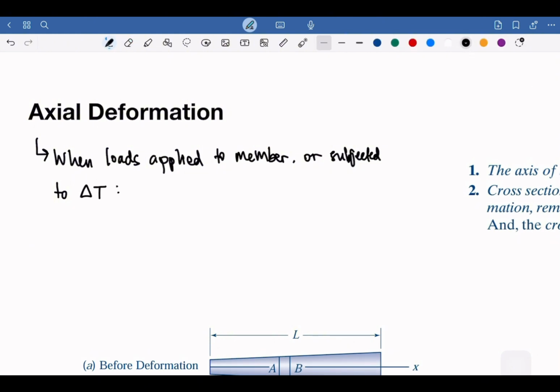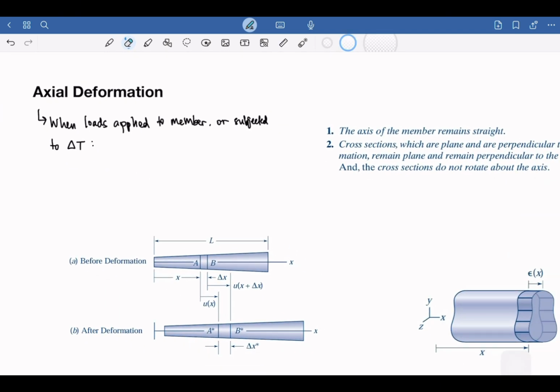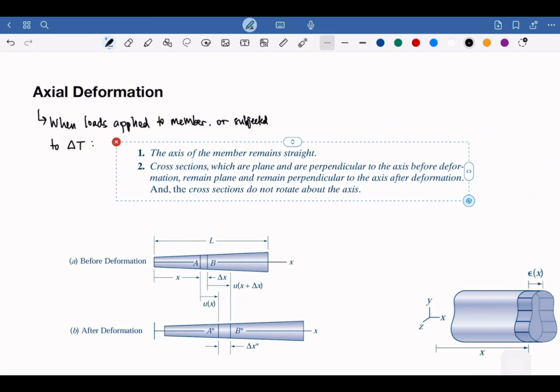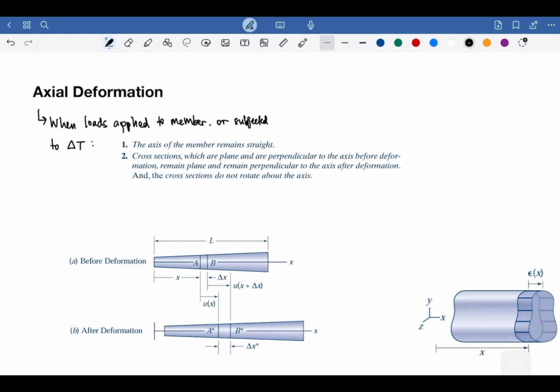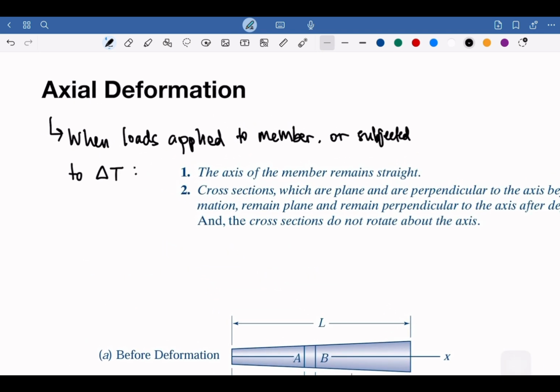And then we say the first idea. It will be there is axial deformation when loads or some changes in temperature occur.